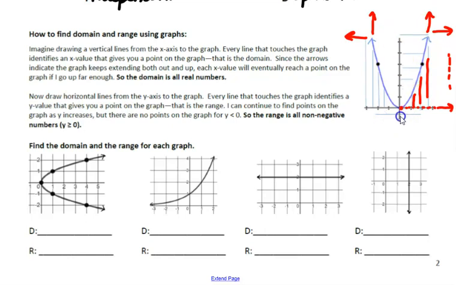But notice down here below the x-axis there isn't any graph down here. So that means there aren't any points in the graph that correspond to negative y values. So the range is all non-negative numbers.